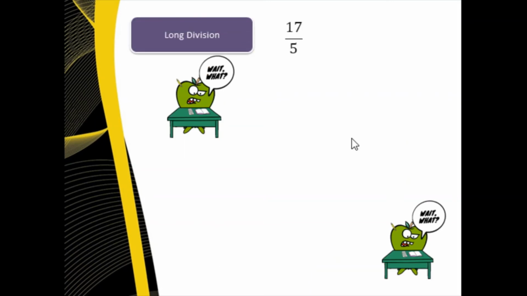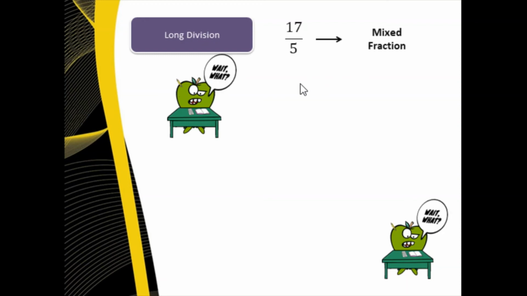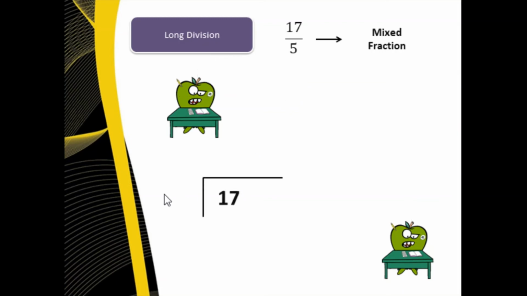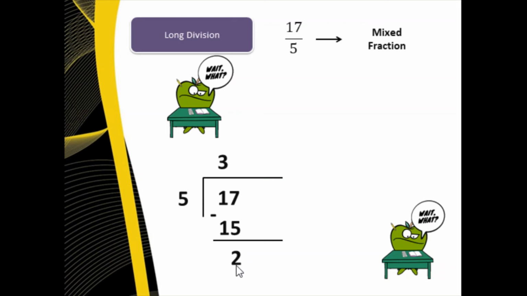Another example. Let's use long division still to change 17 over 5 to mixed number. Divide 17 divided by 5. 17 divided by 5 is equal to 3. 3 times 5 is equal to 15. Subtract. We get 2. We stop at 2 because 2 is our remainder.